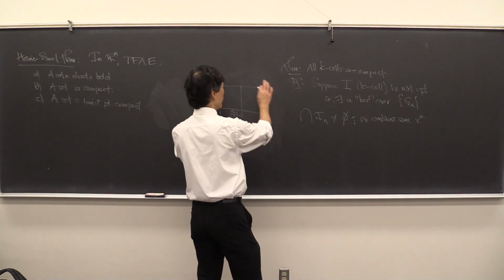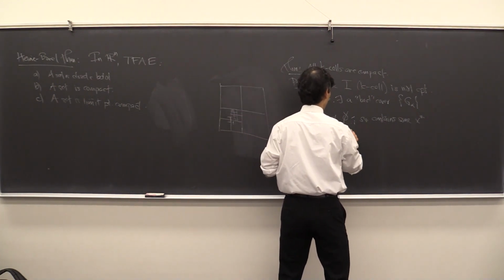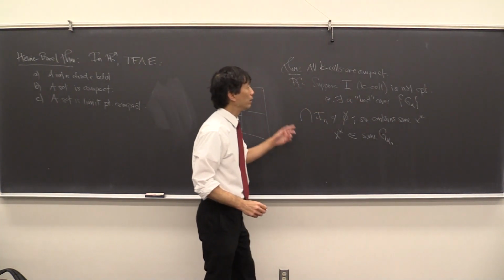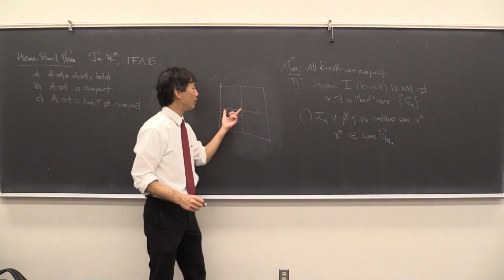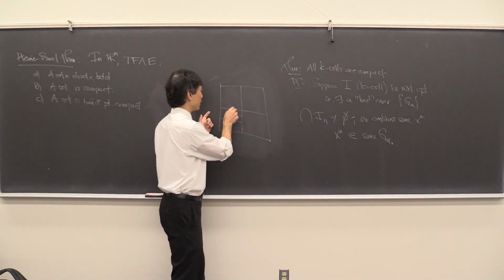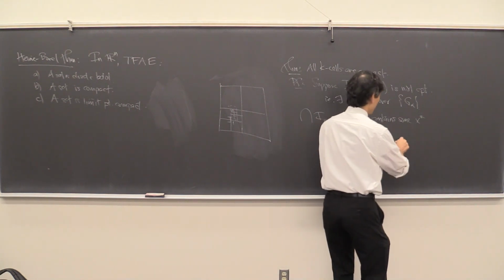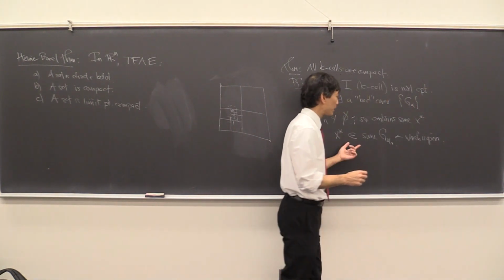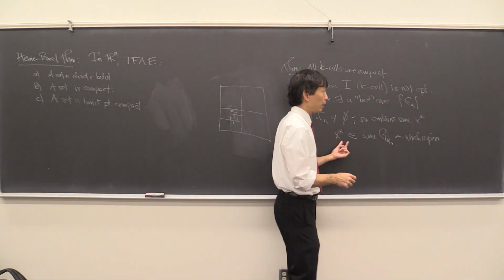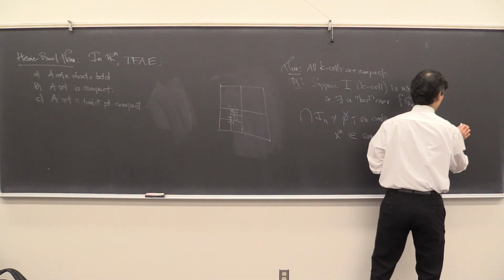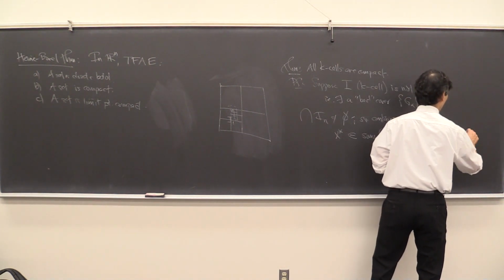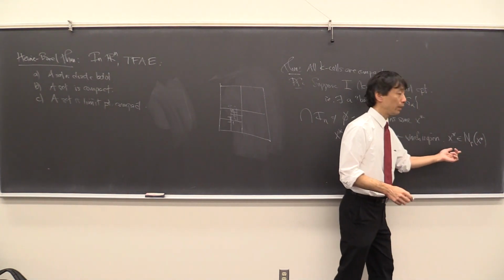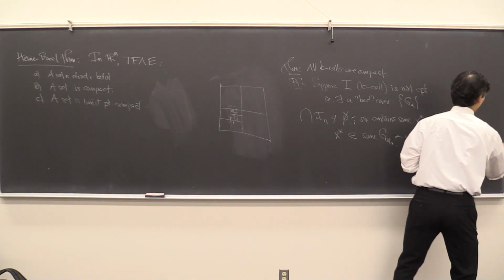But x star lies in the original parent cell, so x star is contained in some G_alpha_0 from the bad cover, right? There's somebody from the bad cover that covers that point. G_alpha_0 is open, and so that tells you that x star lies in some neighborhood that lies inside of G_alpha_0.